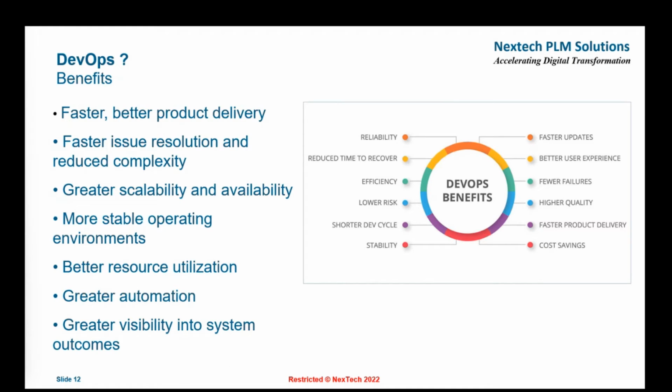Then automation. One of the important benefits of DevOps is automation, as compared to the traditional model where most things are done by manual or human effort, and there was no or very minimal scope for automation.